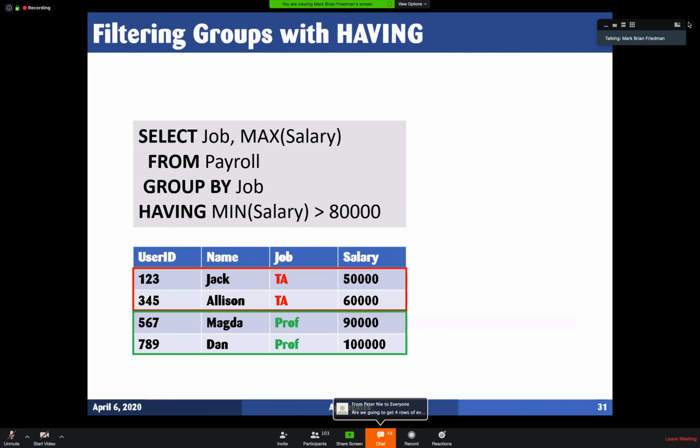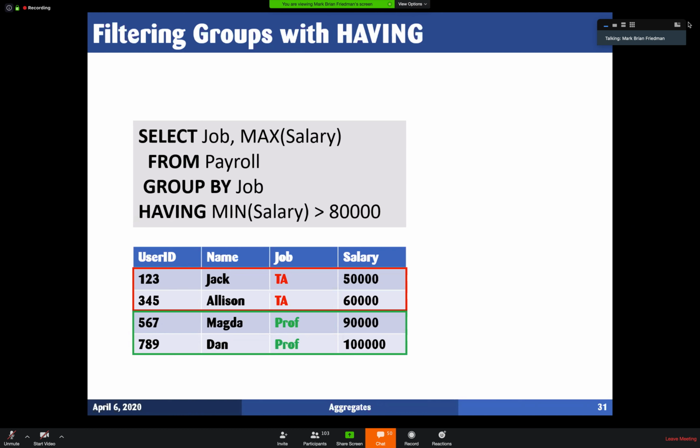And just to add more to the mix about having, it is the ability to put a selection on the grouping that you've created, the aggregation that you've provided. So here we're doing a group by job, and having is like a where clause that applies to the grouping, not to the overall selection.